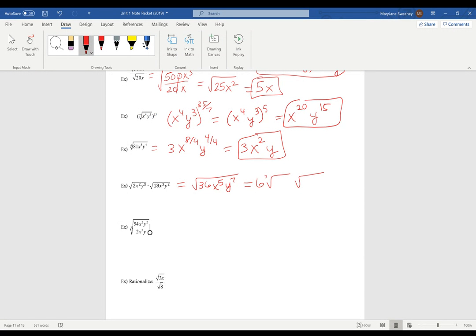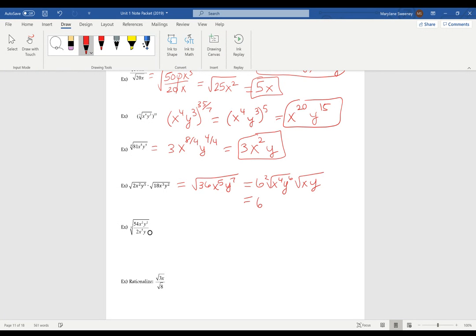Square root, they don't write the index, but it's understood that there's a 2, right? So this would be x to the 4th, which leaves an x over here because we got to have x to the 5th when we multiply. Y to the 7th, closest number divisible by 2 to 7 without going over is 6. So this is y to the 6th, and then this is a y.